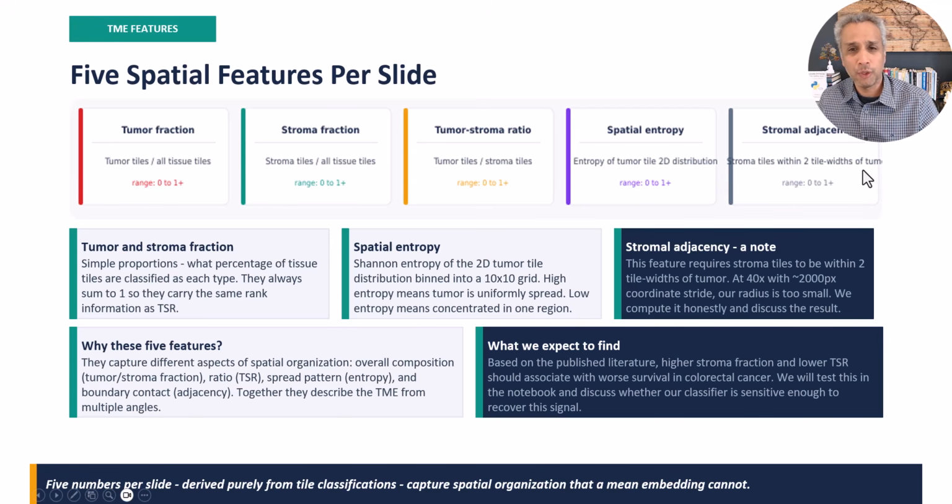I'll discuss that once we get to the notebook. So, based on the published literature, we expect tumor fraction and the TSR to correlate positively with mortality, and stroma fraction to correlate negatively. Whether our classifier is sensitive enough to recover that signal, we'll see later on.